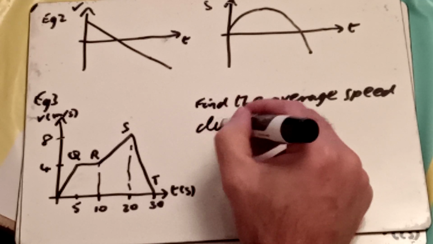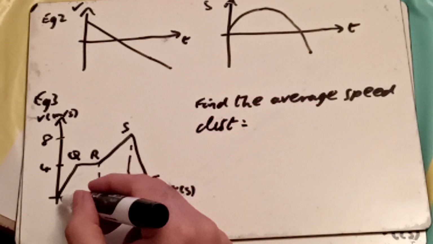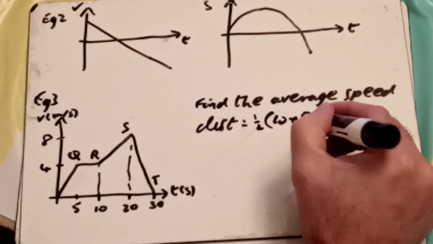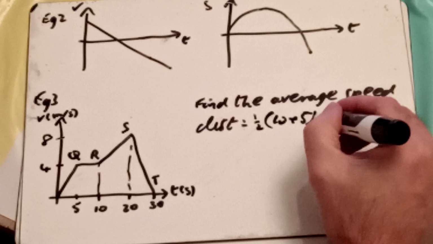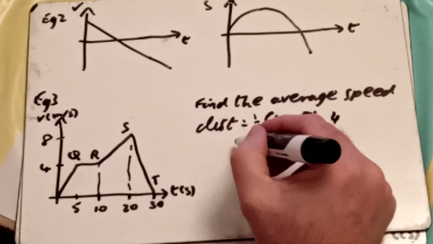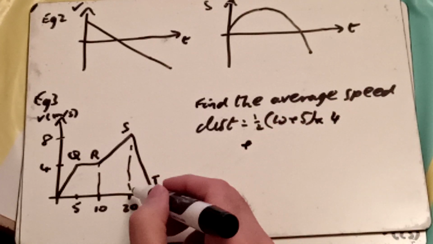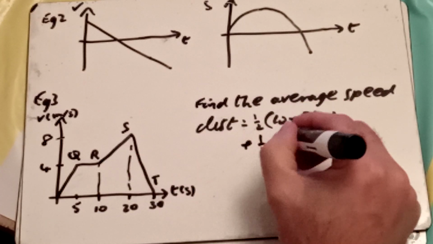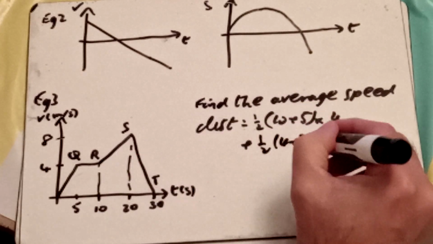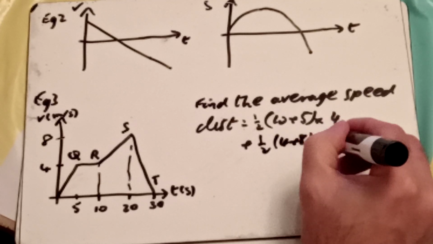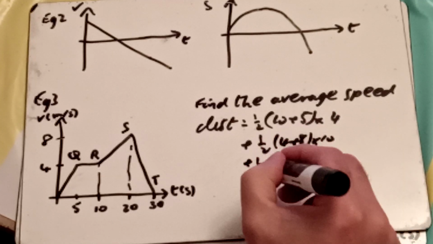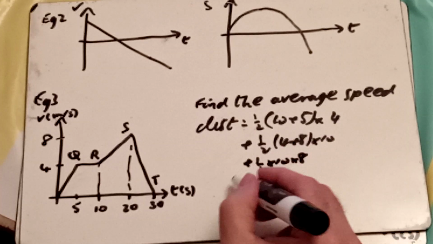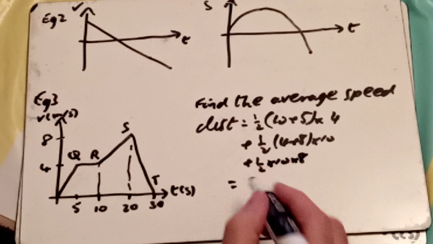I'll say the distance covered will equal a half, 10 plus 5, times the height between, times 4, plus this one, the parallel lines to the y values this time, so a half, 4 plus 8, times by 10, and then plus a half, it's a triangle, base 10, height 8, and add it all up, and that's my total distance there.